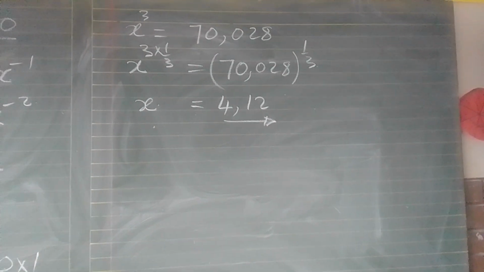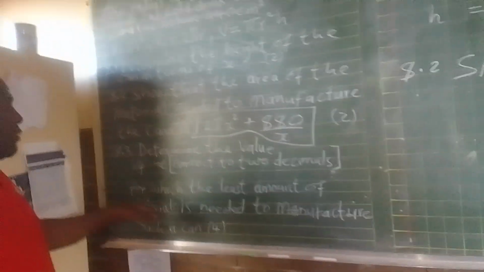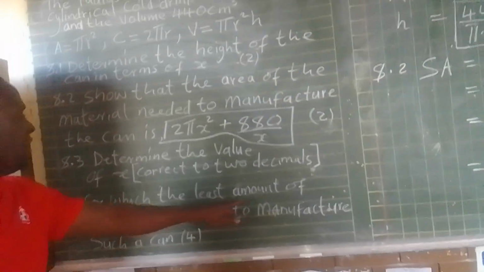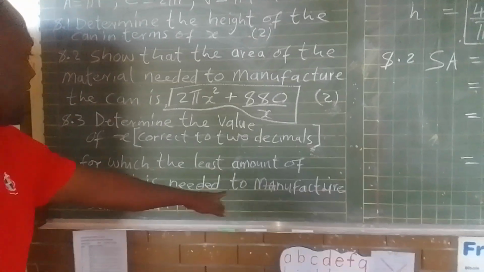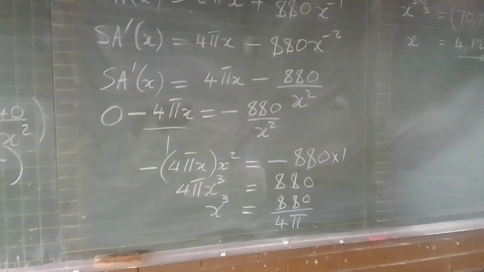So we have answered the question that says determine the value of x correct to 2 decimal places for which the least amount of material is needed to manufacture such a can. For 4 marks, we have done it here, which is absolutely correct.